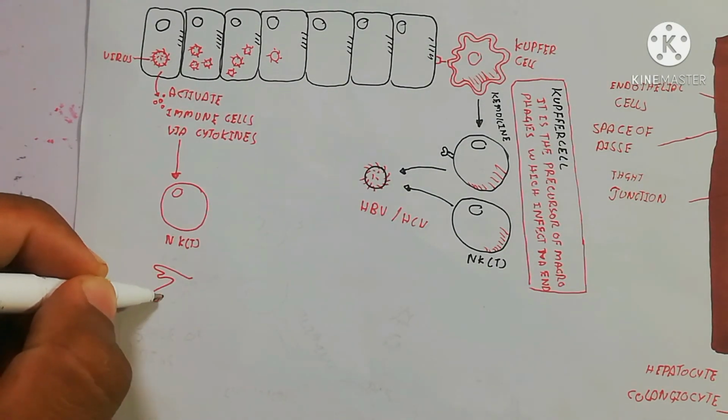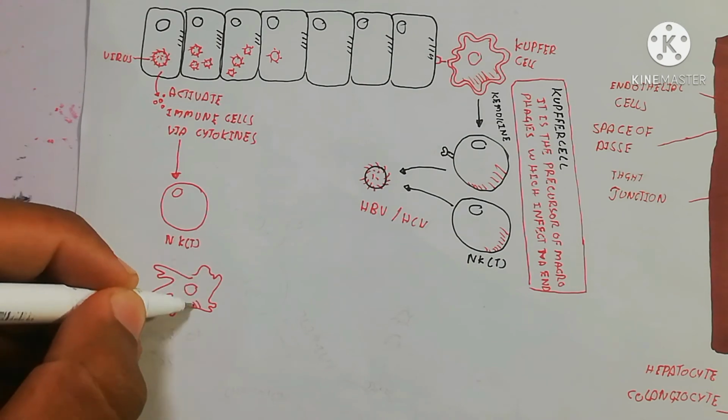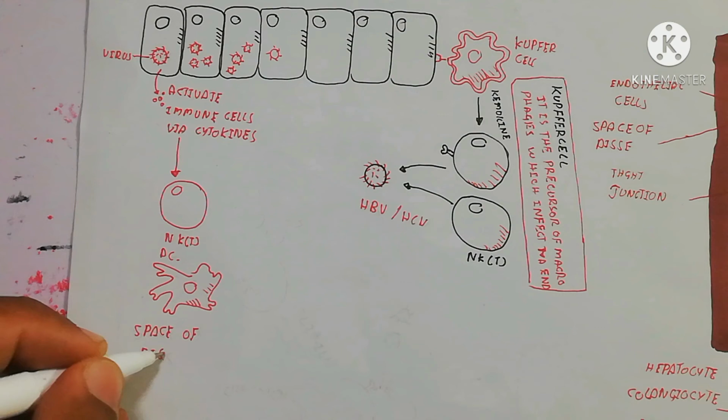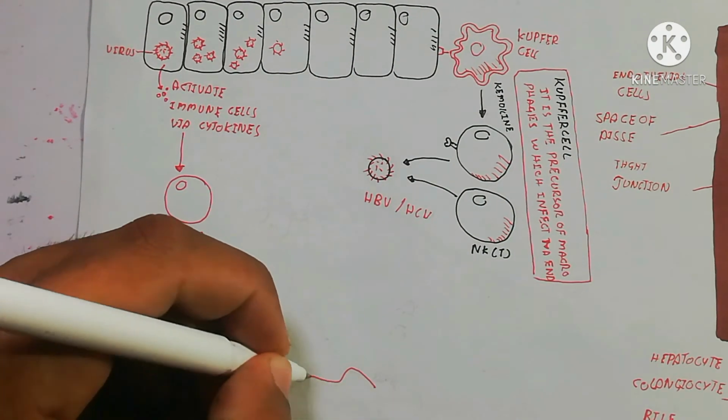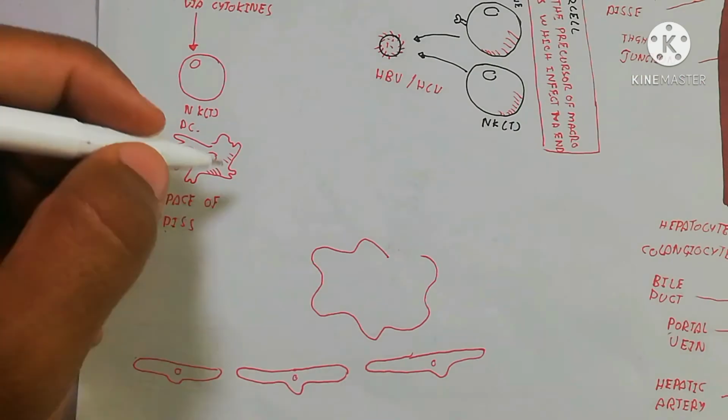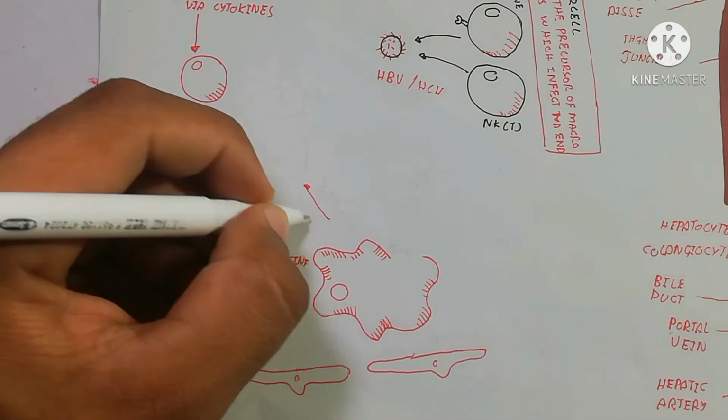So the cytokines activate the natural killer cell and dendritic cell, which recognize the antigen to produce antibody with the help of T lymphocytes, CD4 and CD8 lymphocytes.